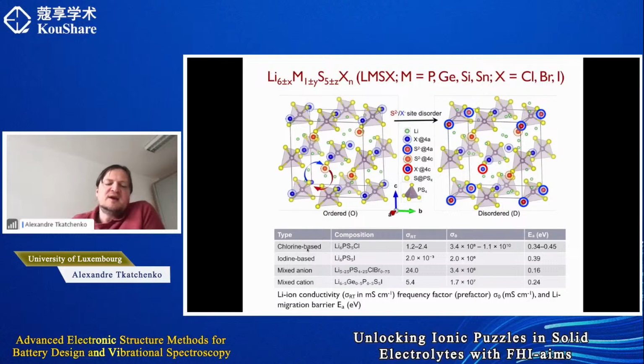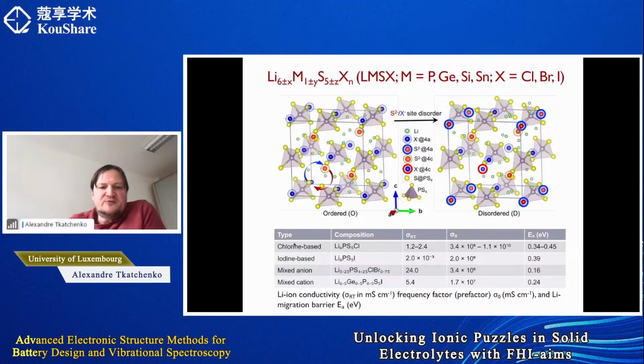These materials have been experimentally characterized, and the ion mobility has been measured. As you can see here, sigma RT is the room temperature ion conductivity, and it can vary by 4 orders of magnitude depending on the particular structure of the material. And in particular, it's not known why.